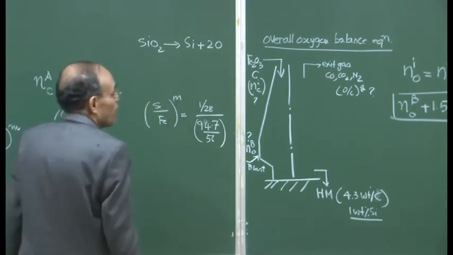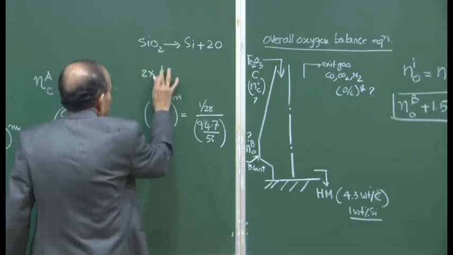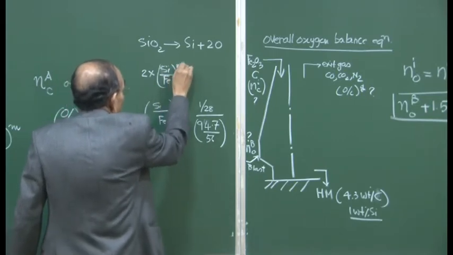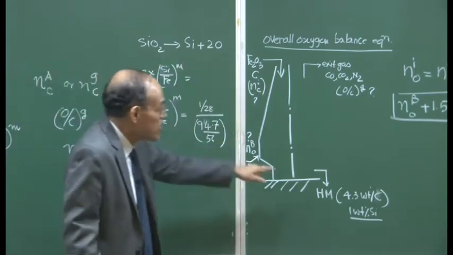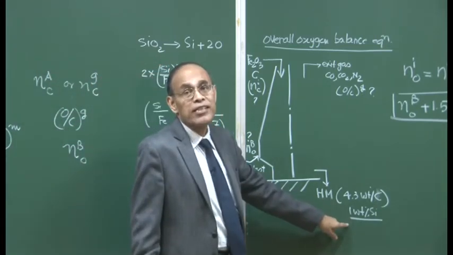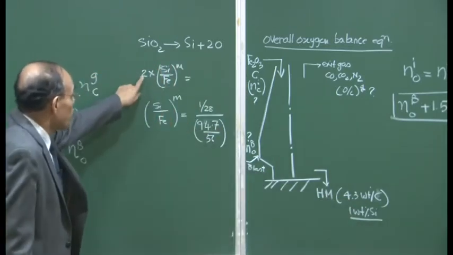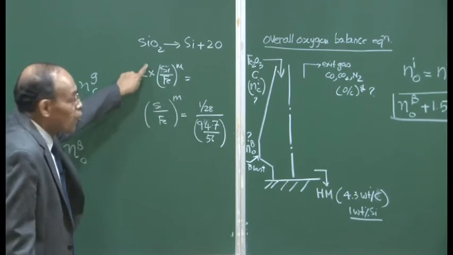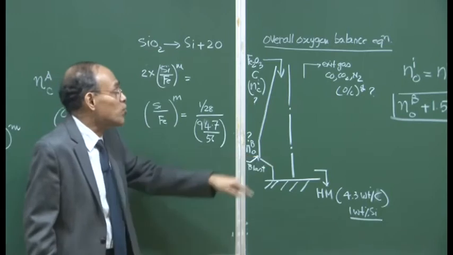So if I multiply, this will give me the oxygen which has been released because of 1 weight percent silicon in the hot metal itself. So a factor of 2 multiplied by this parameter, which is determined from the stoichiometry of the equation, and this is determined on the basis of the given composition itself.